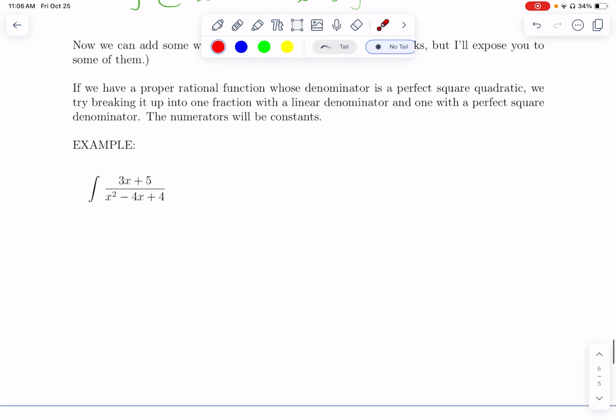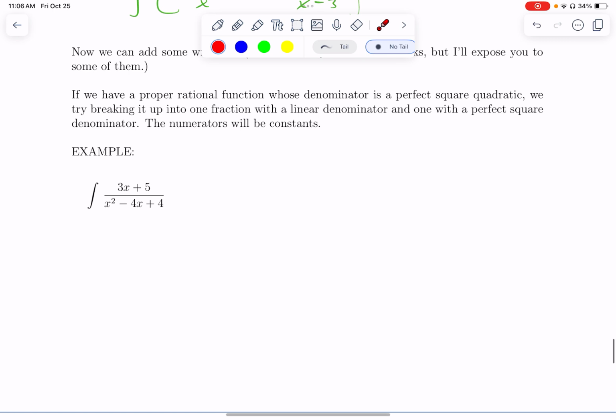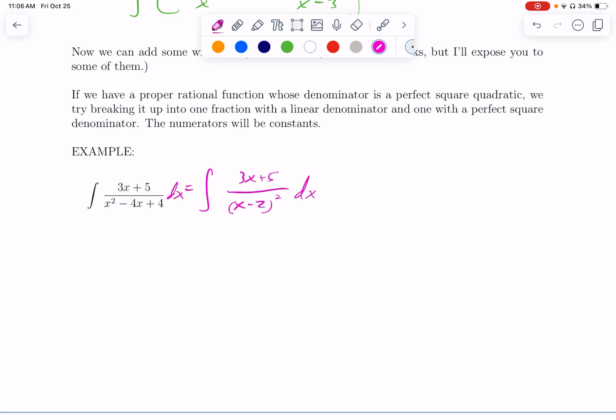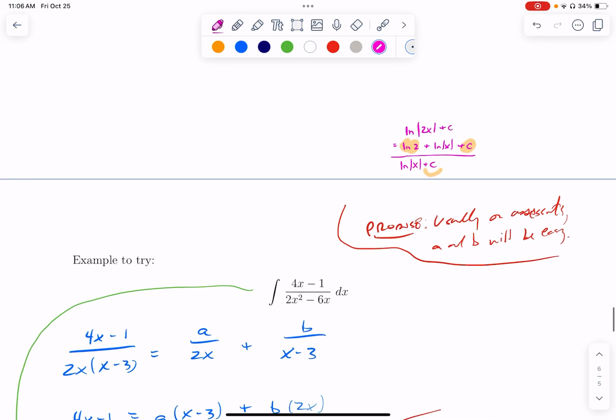Now, we could add a few wrinkles. So what if our denominator is a perfect square? I will notice that what we have here is 3x plus 5 over quantity x minus 2 squared. Oh, I left out a dx here. Yikes. Did I leave that out in other ones? Oh, I hope not.